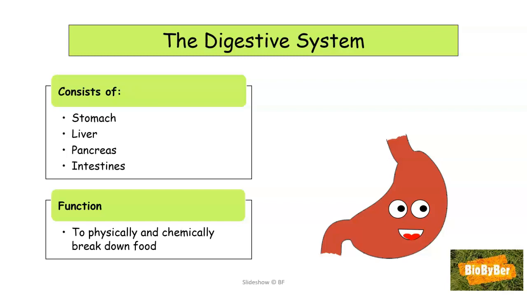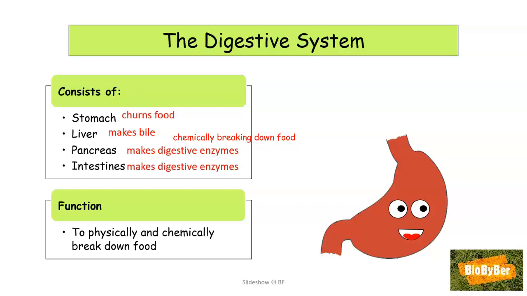So the digestive system consists of our stomach, that churns food, our liver that makes bile that helps us to digest fat and break down fat, and the pancreas, which makes digestive enzymes, which are chemicals that break down our food into simpler soluble particles, and the intestines carry out the same function and will make digestive enzymes for us as well.